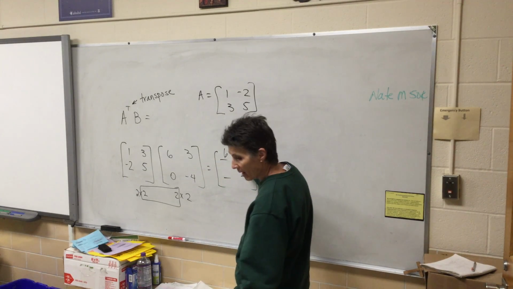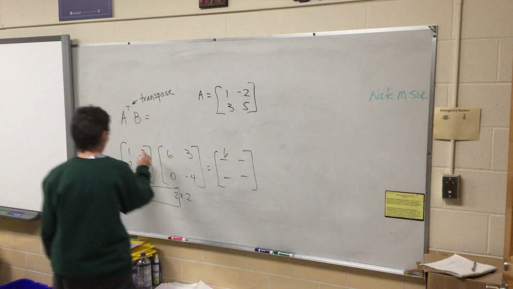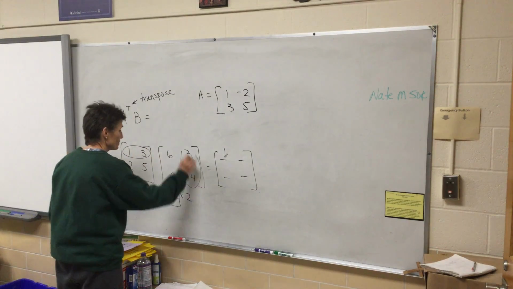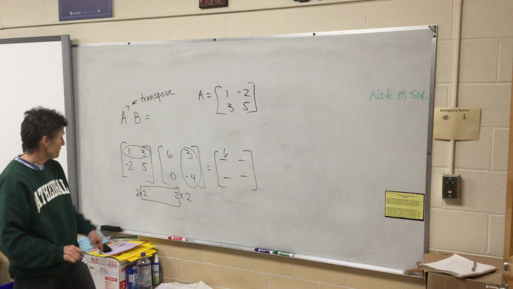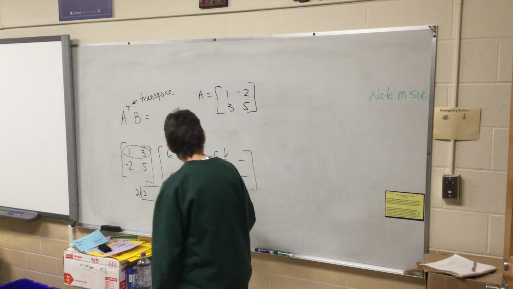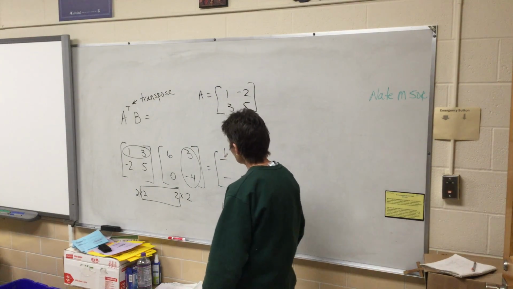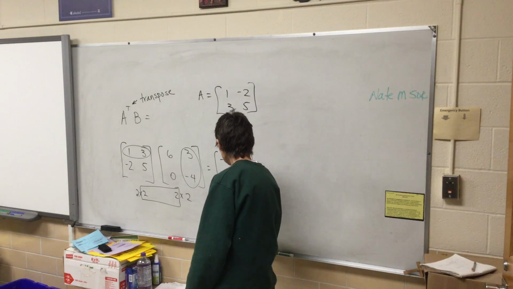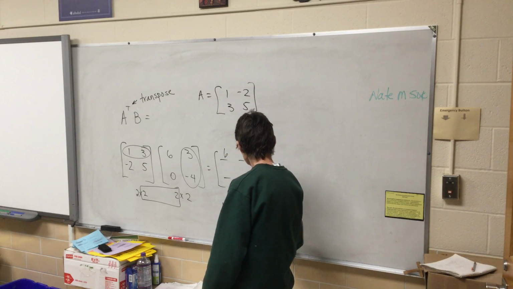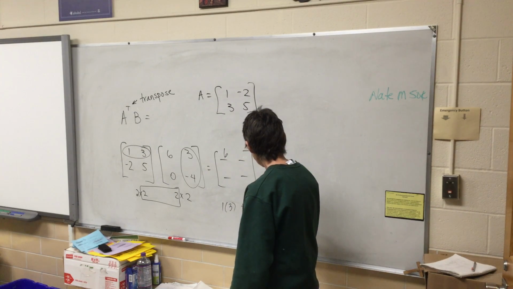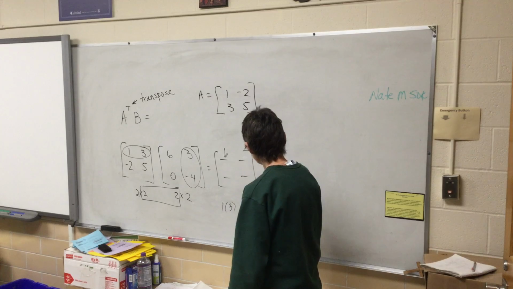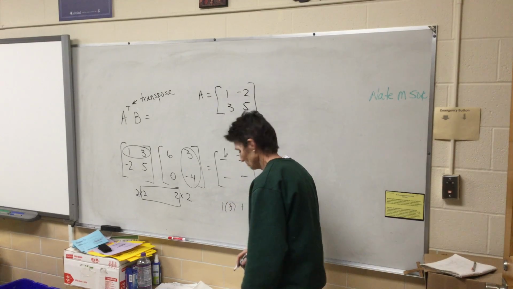So that spot would be row 1, column 2. Maybe I did the math wrong. It's easy to do. So row 1 is 1, 3. And column 2 is 3, -4. So I got 3 minus 12. I got -9.